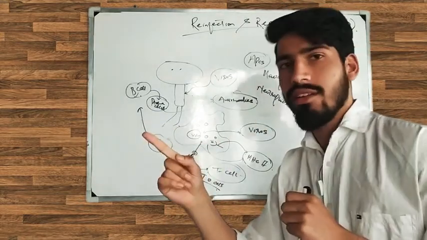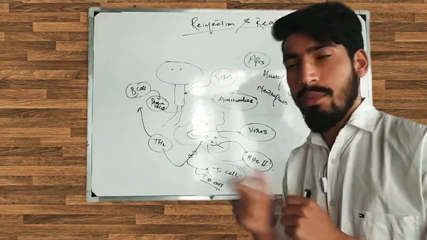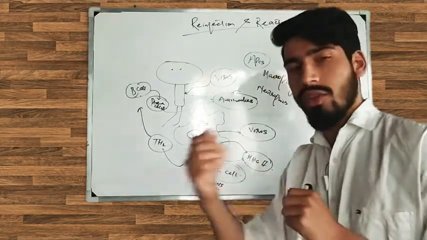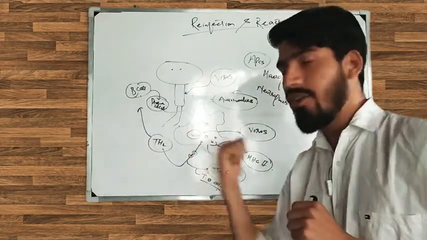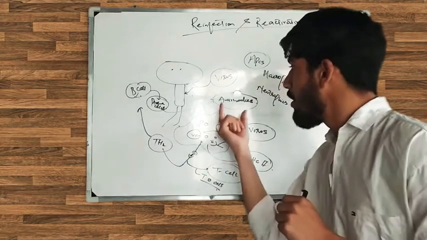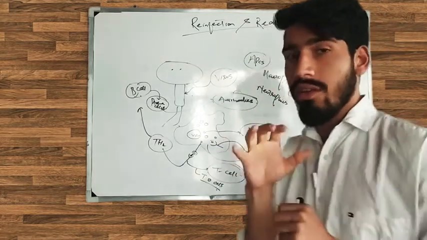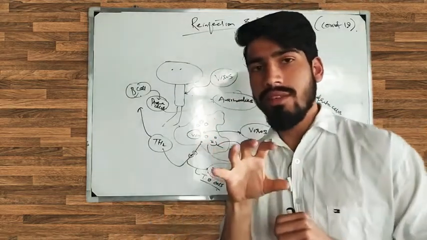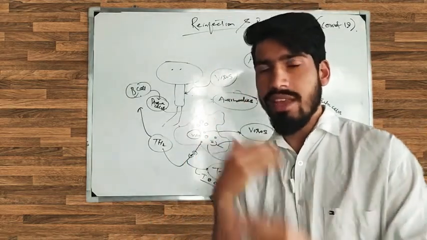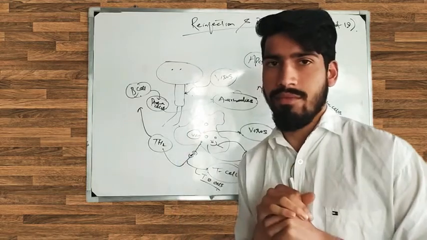Because that virus made the entry earlier, and the antibodies are present. But what happens now when the same pathogen makes the entry after a year? What happens now?